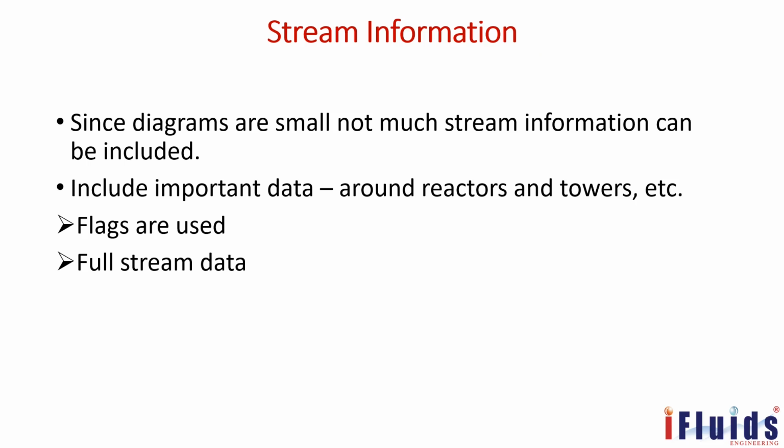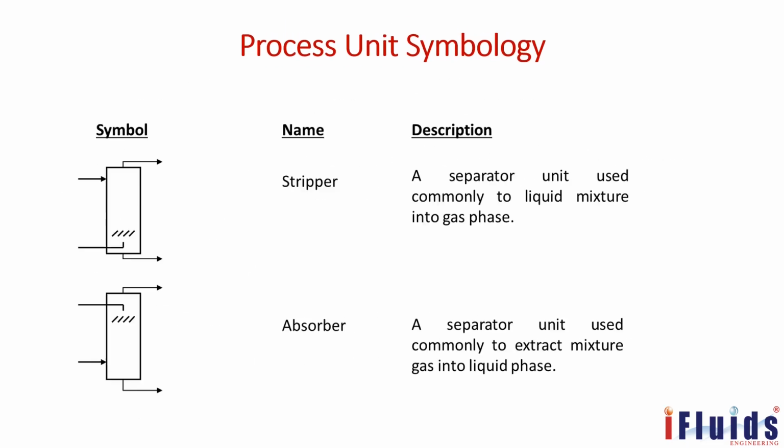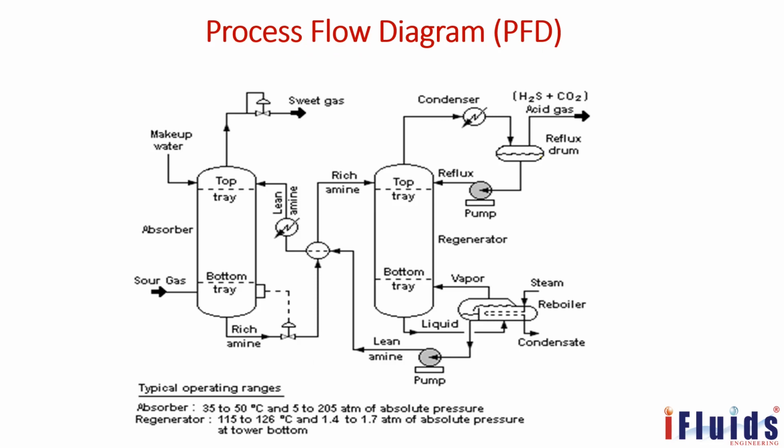Since PFD diagrams are small, not much stream information can be included. Since PFD is a preliminary basic diagram for the process, you cannot put all the stream information. Previously we put the stream information at the bottom; here you put only temperature and pressure.